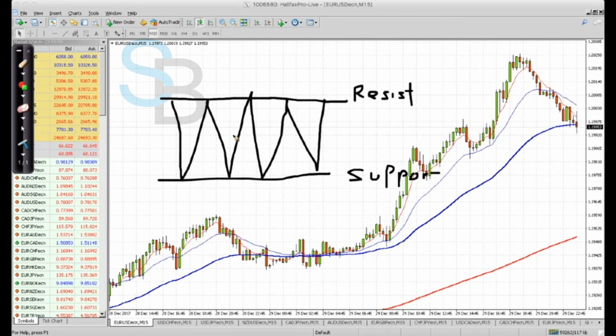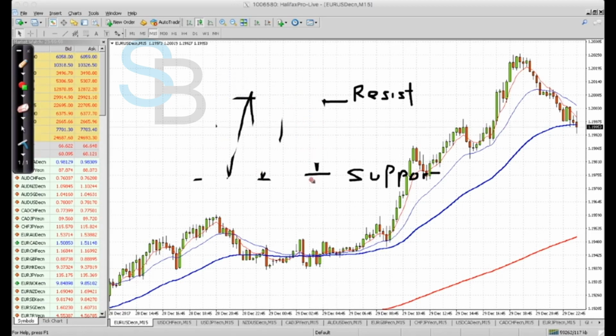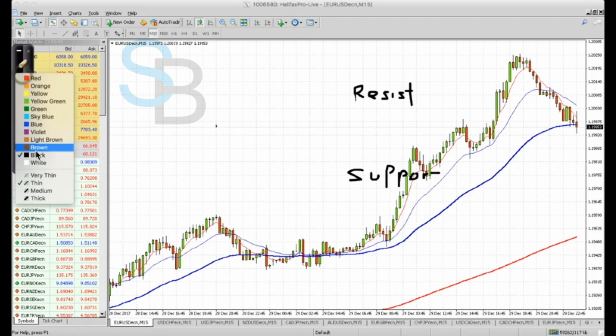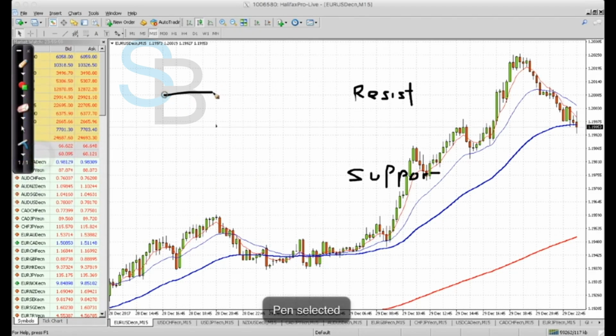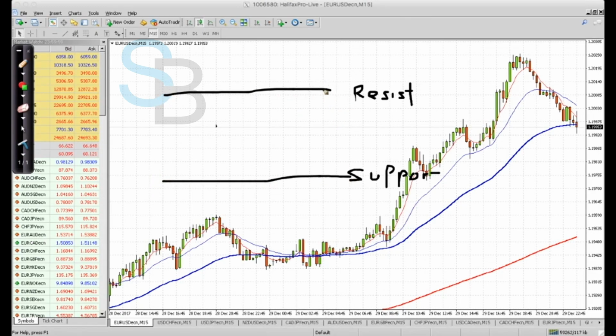Okay, so many times what happens instead, let me just redraw that. In reality, what happens more often is that this line is more like a zone, which means the price can go up and it doesn't exactly touch and come down.